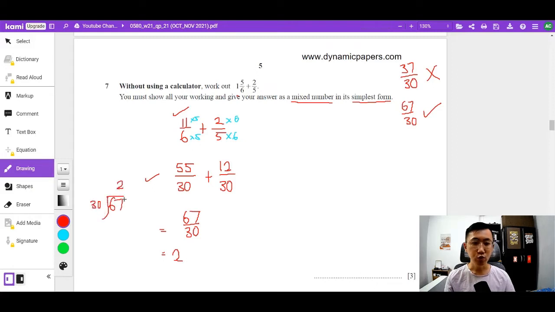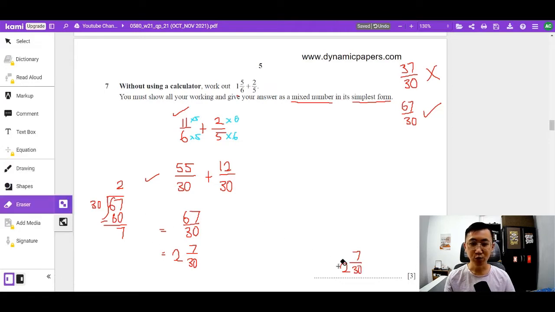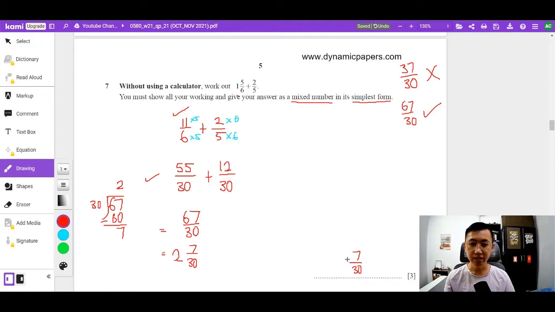So 2 times 30, you get 60, balance 7. This is the mixed number 2, then 7 over 30. So that is the final answer, 2 7 over 30. I have to write the 2 nicer, bigger. So there you go, this is question number 7, third mark is here.